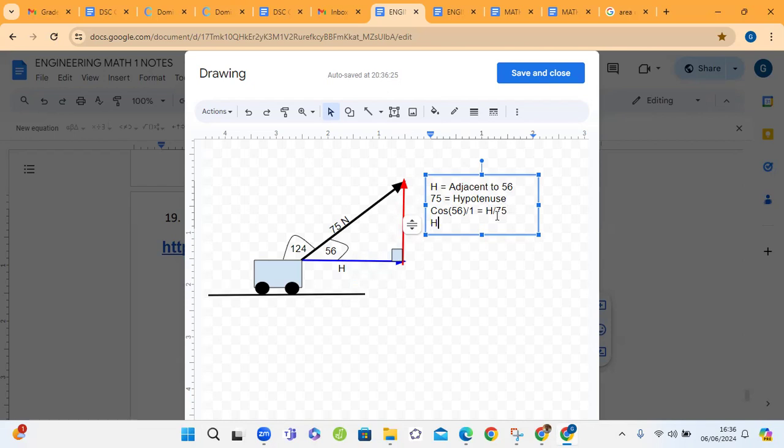H times 1 is H, is equal to cos 56 times 75. And that will give us how much? And that will give us 41.939.